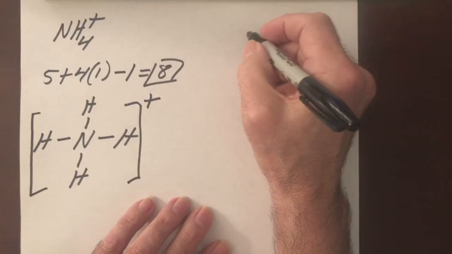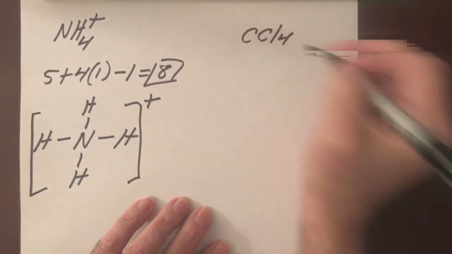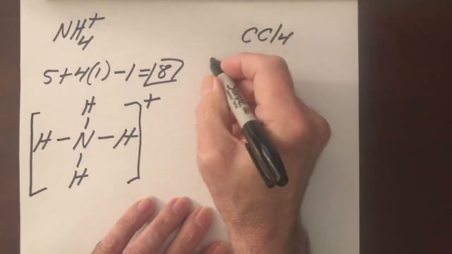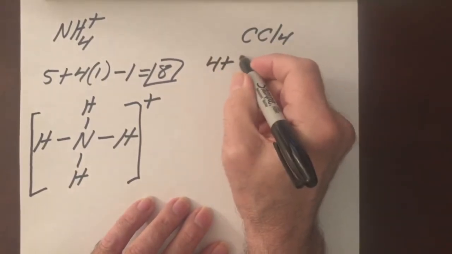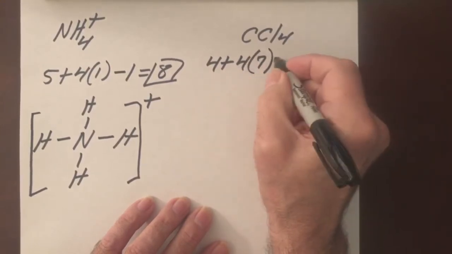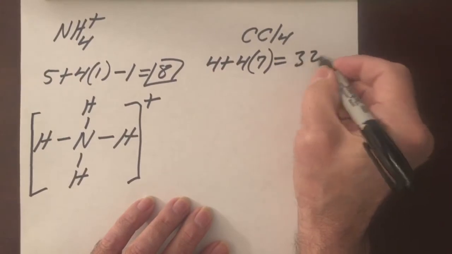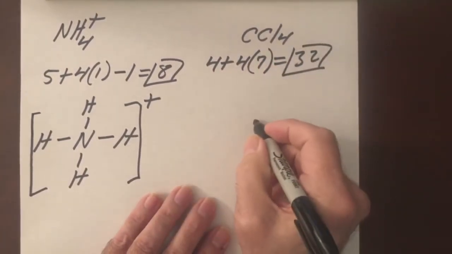Let's try carbon tetrachloride. Carbon has 4 valence electrons, and each of the 4 chlorines has 7 valence electrons, so that gives us 32. Connect all the atoms to a central atom.